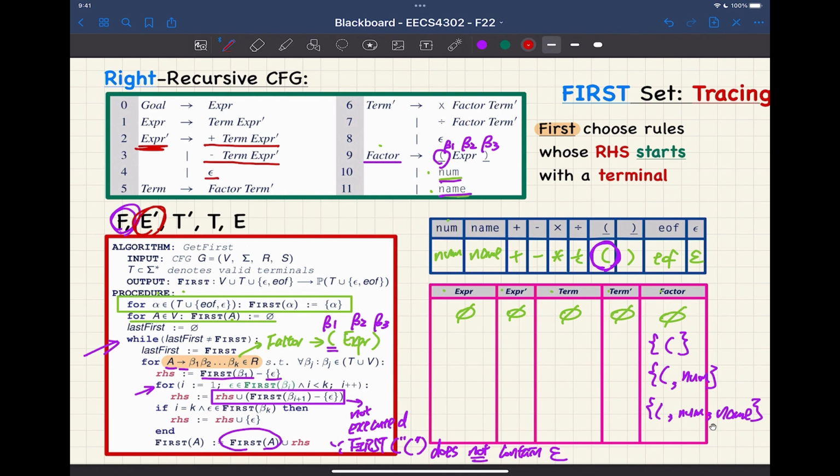All these, right? What's going to happen is you can see the plus and also minus. So these are terminals, in which case we just collect them without going any further. You don't really go here. So for the expression prime, first of all, you will get a plus, and then plus and then minus.